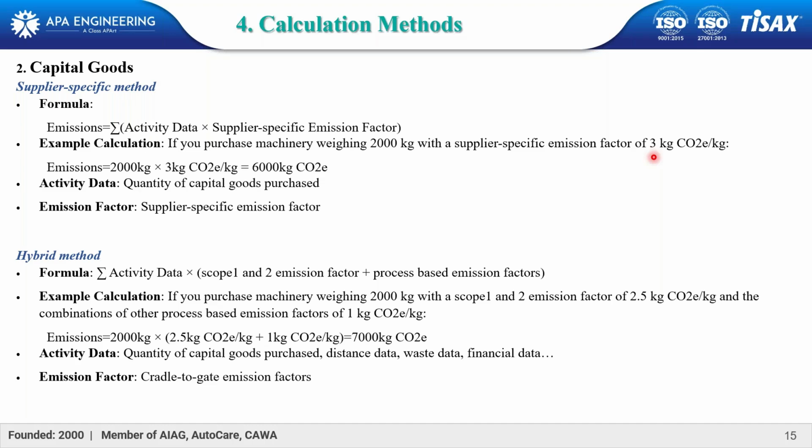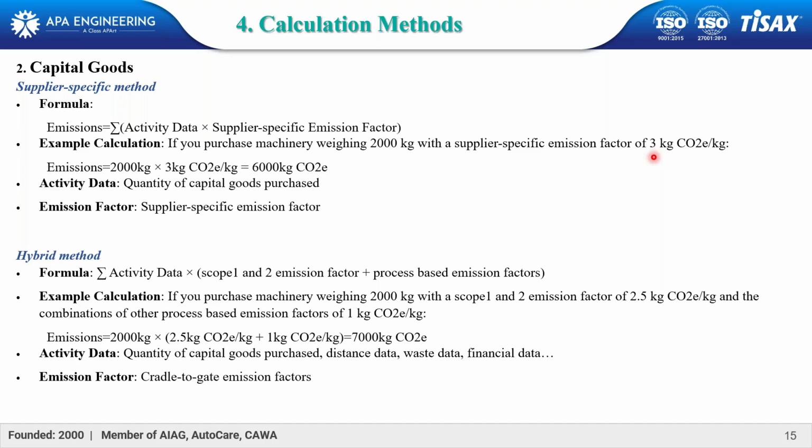So if a company is buying machinery worth 2000 kgs and the supplier has given a supplier-specific emission factor of 3 kgs of carbon dioxide emitted per kg of machinery produced, the emission here would be 6000 kgs of carbon dioxide emitted. So the activity data will be the quantity of the capital goods purchased, and the specific emission factor given by the supplier would be the emission factor applied.